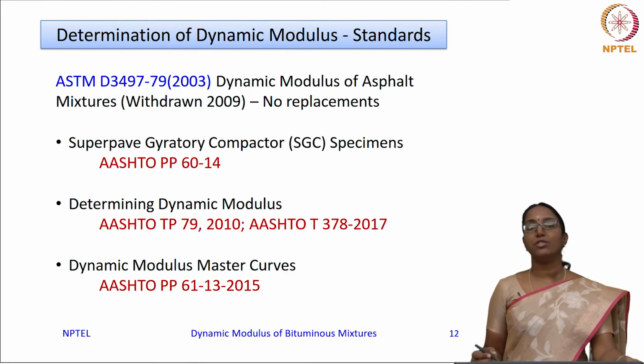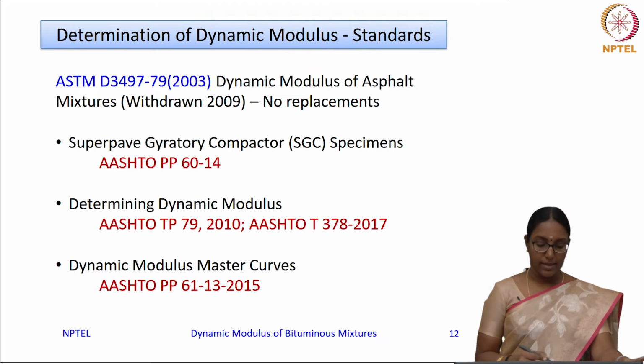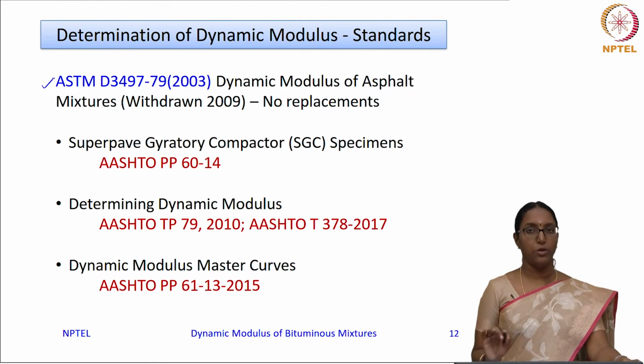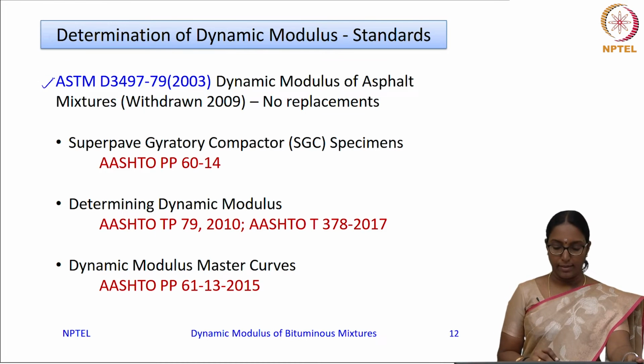Okay. Now, coming to the determination of dynamic modulus in the laboratory, you have different standards set by ASTM, but ASTM D3497 was later withdrawn, and as of now there is no replacement provided for the same. Then you have AASHTO standards.